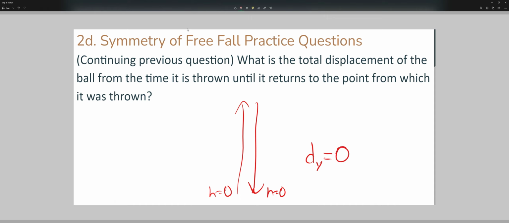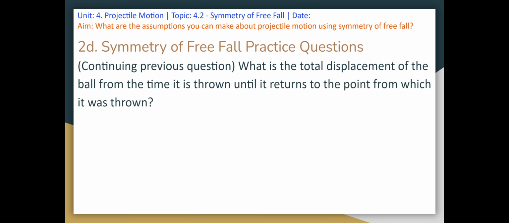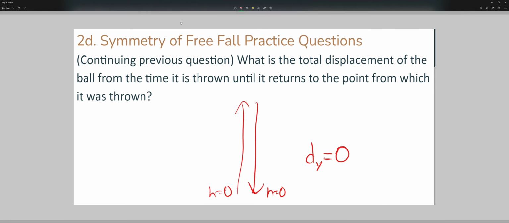Because displacement, again, is essentially how far you are from where you started, your final position minus your initial position. You land back at the same spot, so your displacement is 0.